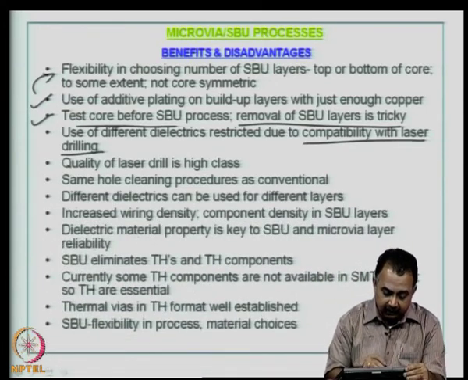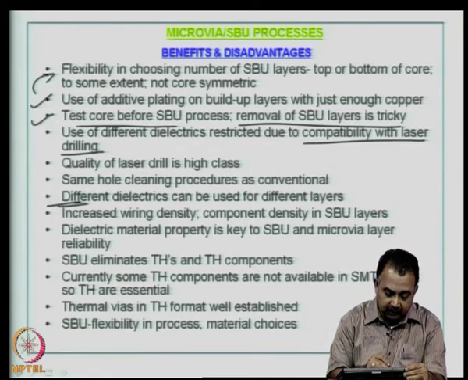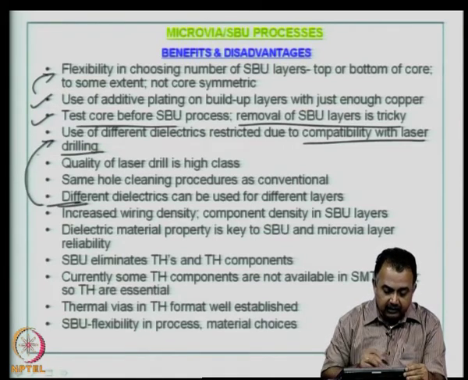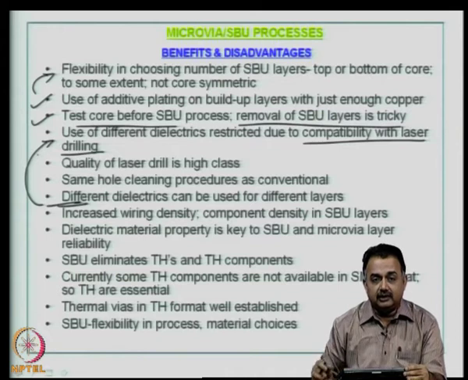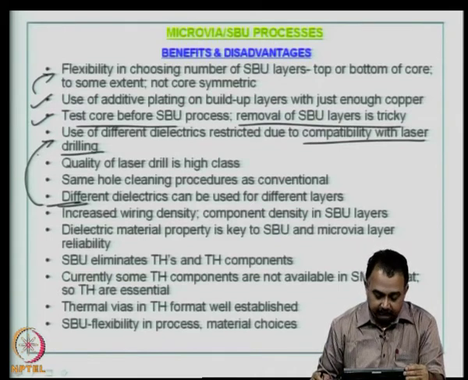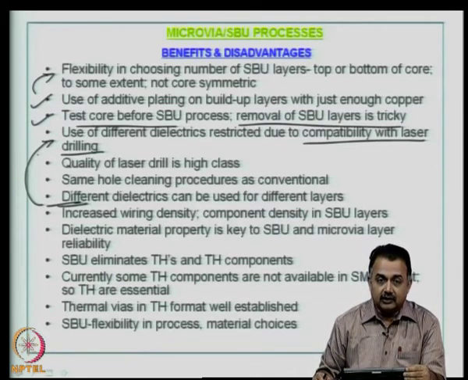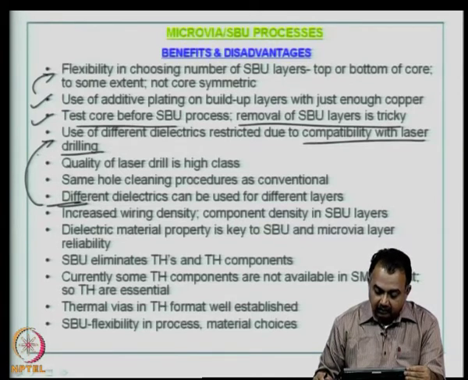Different dielectrics can be used for different layers, but again try to link this issue with the statement that I have just mentioned. Increased wiring density obviously is guaranteed. Increased component density is also possible using this process.